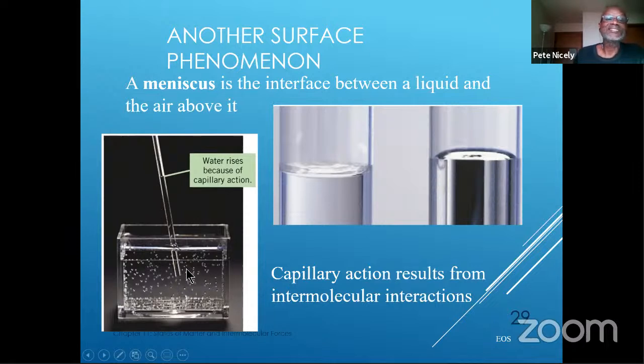And that is because, again, of the difference in the strength of the adhesive forces compared to the cohesive forces. So the cohesive forces between the water molecules will be weaker. The adhesive forces between the water molecules and the glass surface will be stronger. And as a result, the water will be pulled up into the capillary tube. All right, so that's another phenomenon which is related to the difference between the adhesive forces and the cohesive forces.